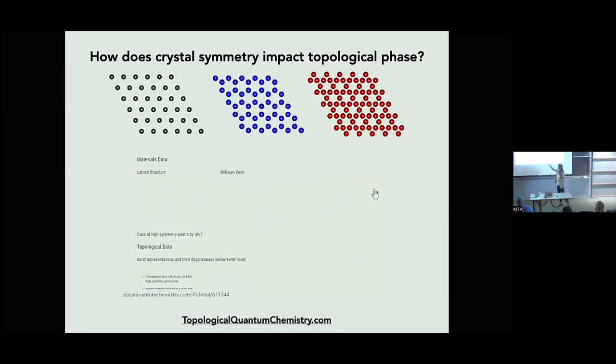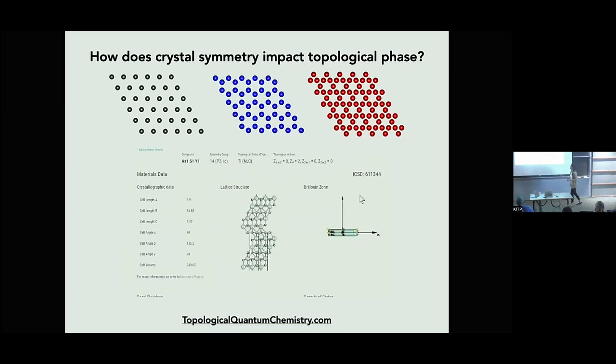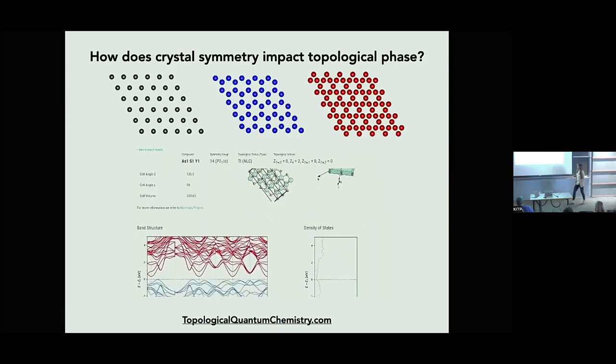In this example they picked, there was only one, but it'll give you a list. Then it shows you the crystal structure. It shows you something called the Brillouin zone, which we haven't talked about. And as this video keeps going, it also shows you the electron band structure. So for any known material, you don't need to calculate it yourself. It's been calculated.